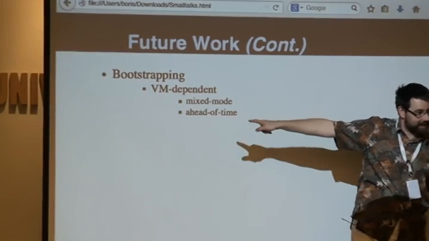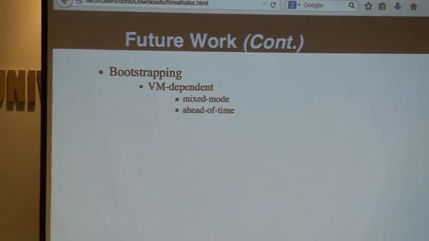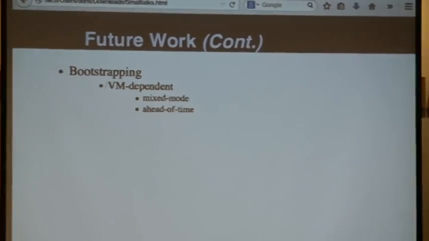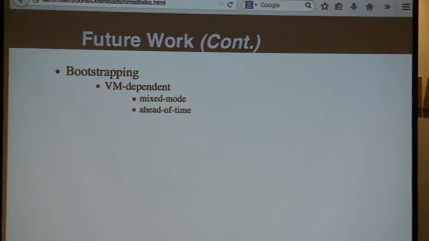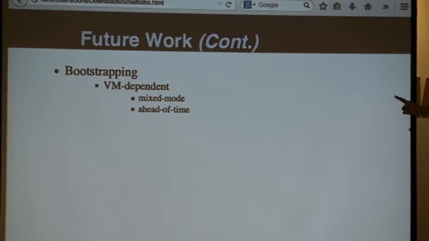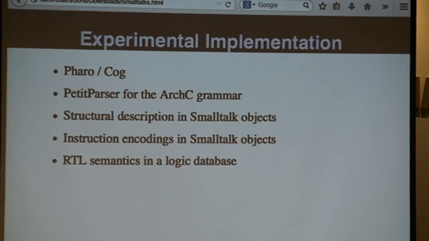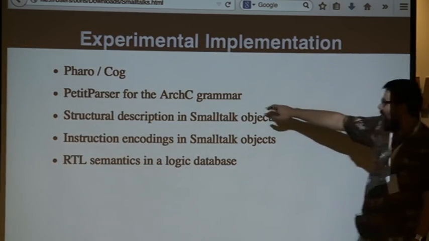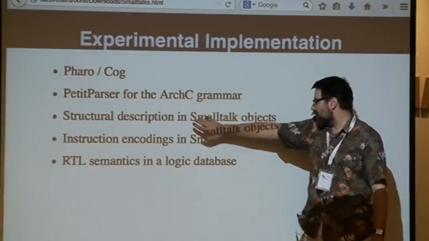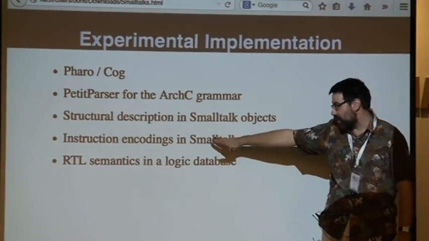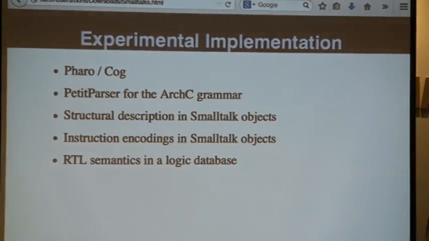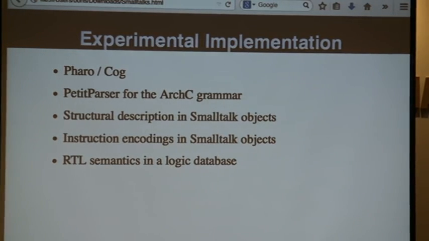This mechanism is going to be different for Pharo and for ModTalk and for B. However, all the other parts, tree rewriting and parsing the ArchC structural description of the processor, instruction encodings, all those pieces stay the same.